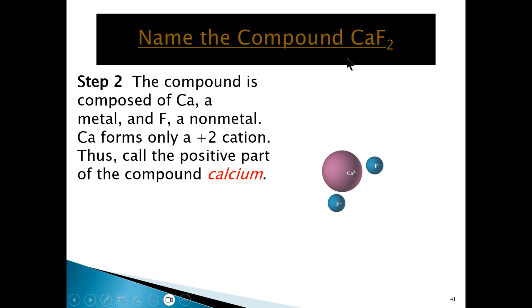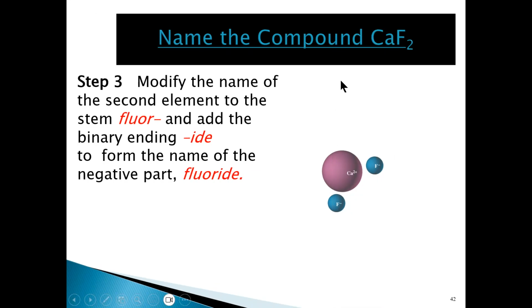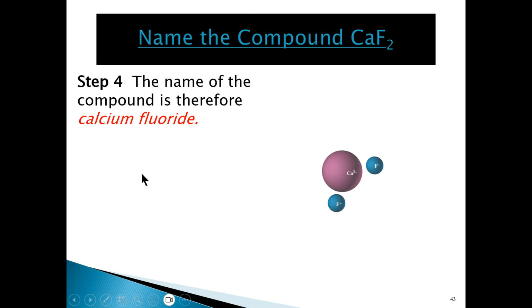So the first part of the name of this compound would be calcium, and then the other part consists of the fluorine ion, or I should say the fluoride ion. The name of the element is fluorine, but of course we have to modify it by adding the IDE ending to the stem of the name. So we start off with fluor and then it ends with IDE. So the name of this ion is the fluoride ion. And then we just put the two together and the answer becomes calcium fluoride. And that's how we name these compounds.